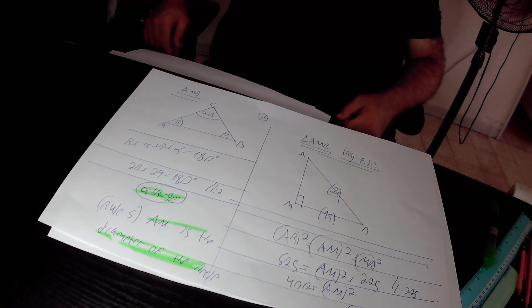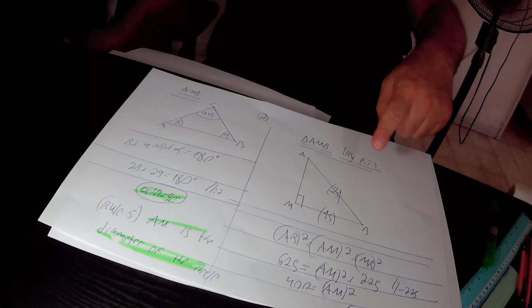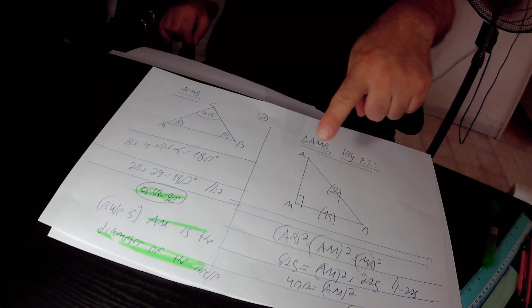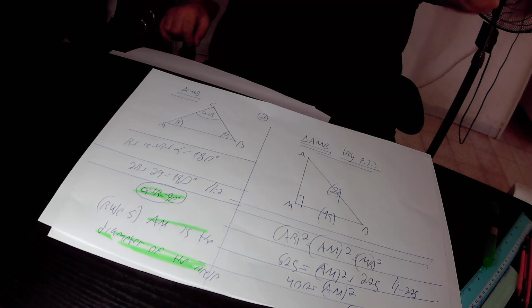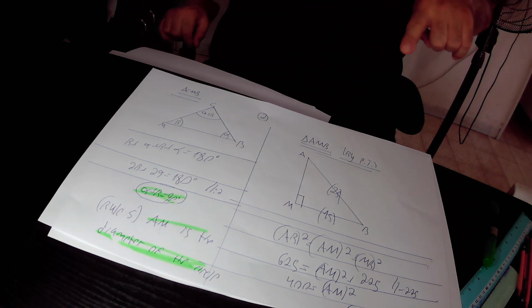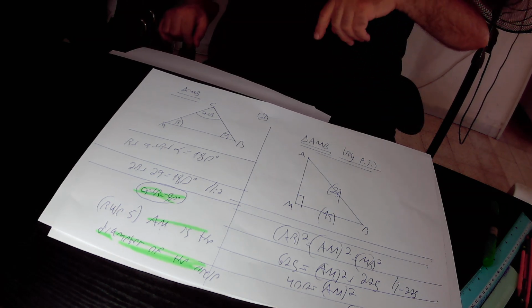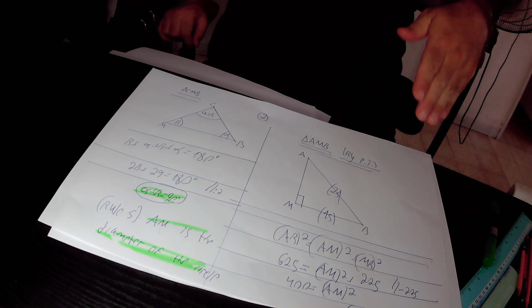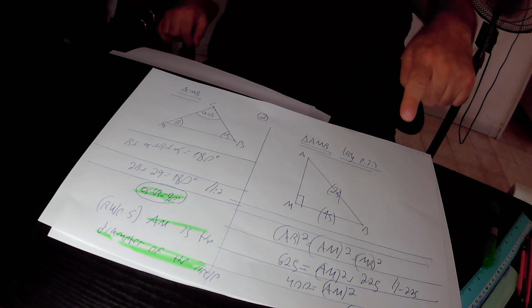So according to the Pythagoras theorem, in this right triangle AB, AB squared, that is the square of the hypotenuse, equals AM squared plus MB squared. AB is 25, therefore AB squared is 25 squared, that is 625, and it is equal to AM squared. AM is the missing side, so we leave it as it is, plus MB squared. MB is 15, therefore MB squared is 15 squared, that is 225.